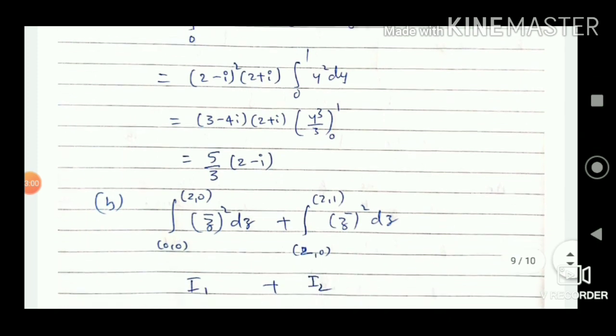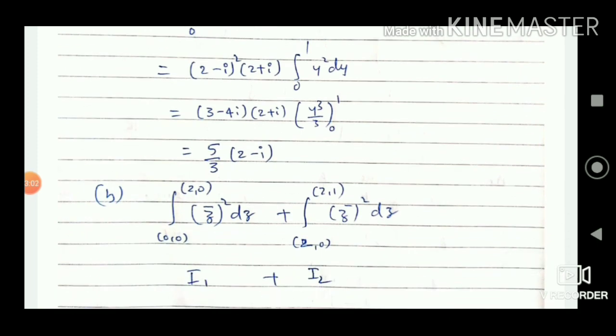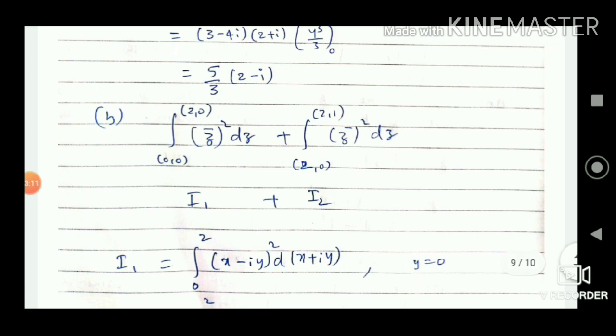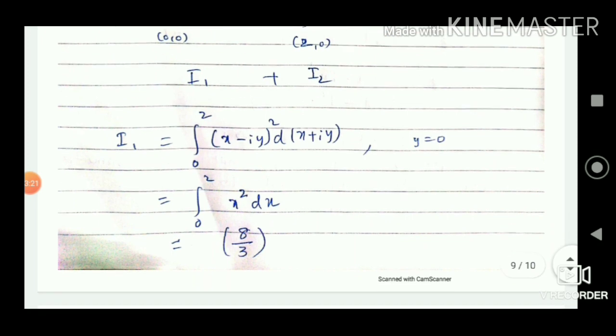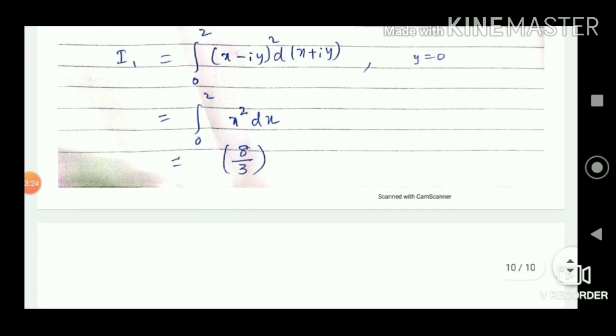In the case of B, as usual, I will have two integrals. One is from (0, 0) to (2, 0) and the other from (2, 0) to (2, 1). I can call them I1 and I2. If you do I1 separately, y is 0. This problem is almost the same as the previous one, except the function f of z is different. So the answer obtained for I1 will be 8 by 3.